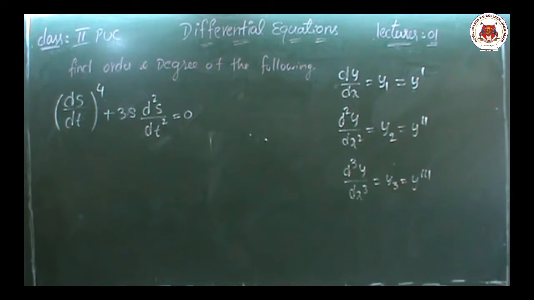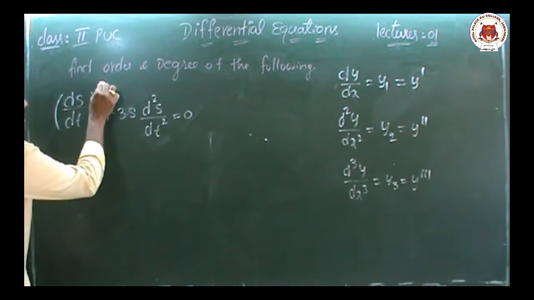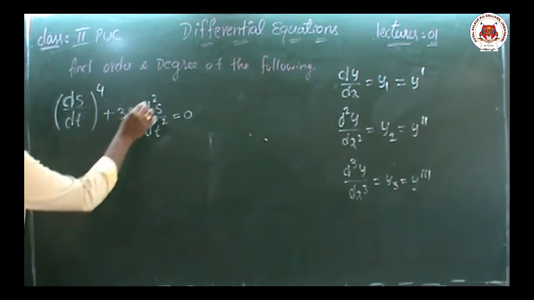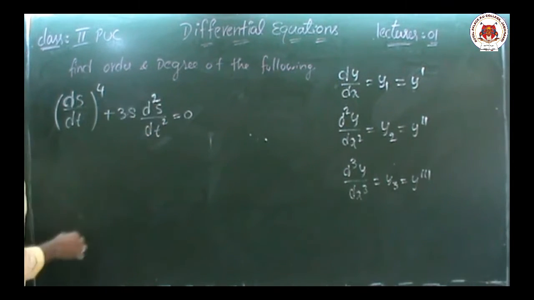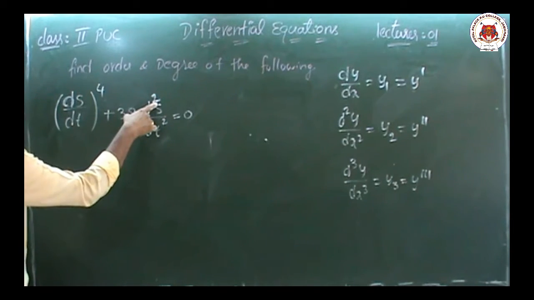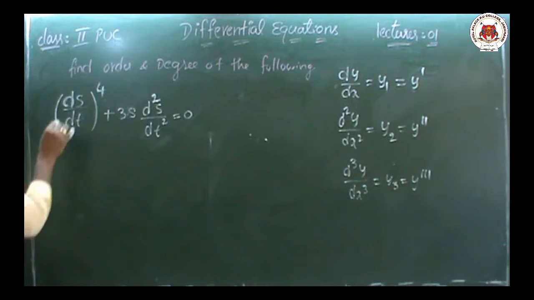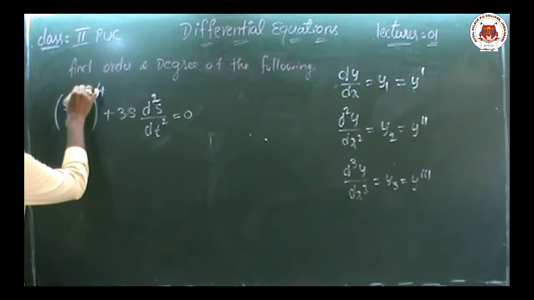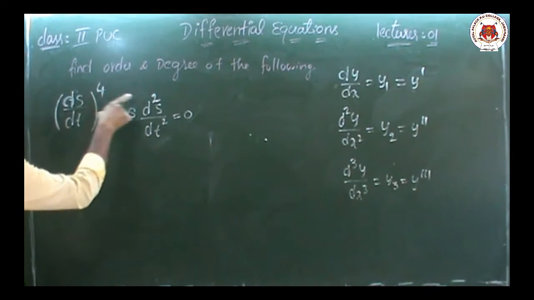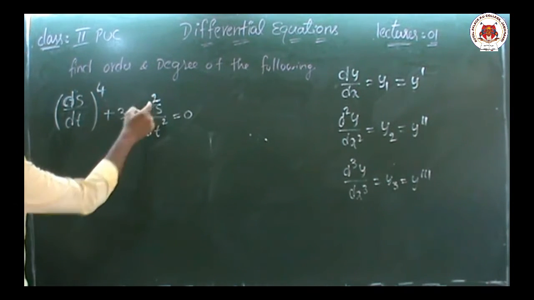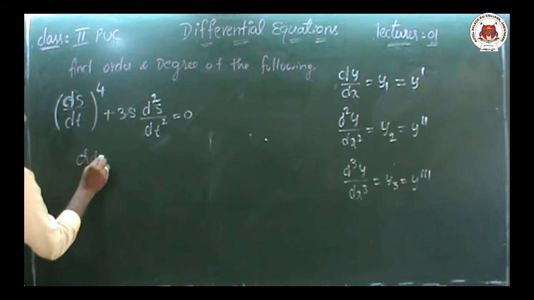Children, don't look at the power. We have to look at the differentiation. In the first term there is only one time differentiation, here two times we are differentiating. Don't look at the power. So the maximum differentiation is 2, so order equal to 2.